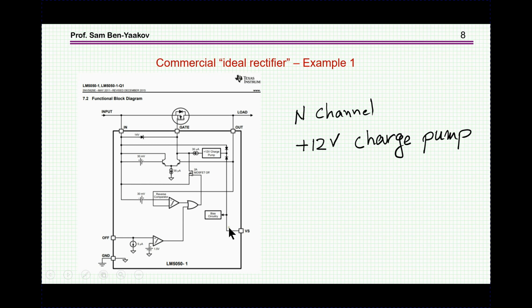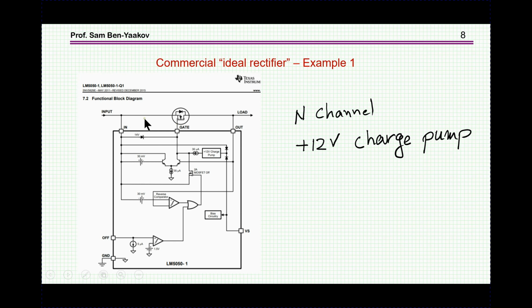So here is a glimpse at the inner circuitry. This is, of course, a simplified schematic. We see here the differential amplifier looking at this side and then at this side, there is some hysteresis involved, and then there is a gate drive. Here an N-channel FET is used.